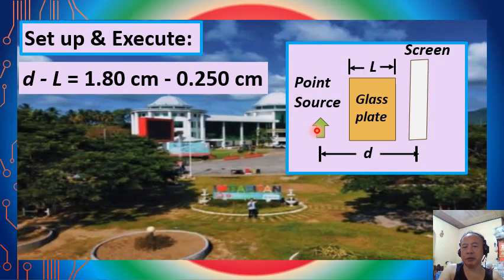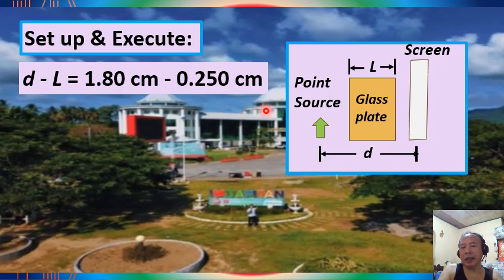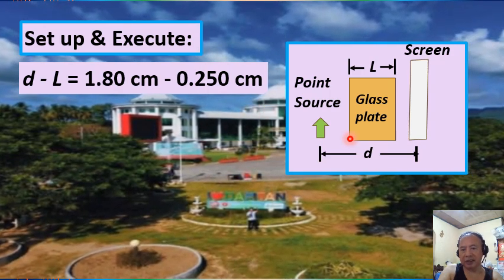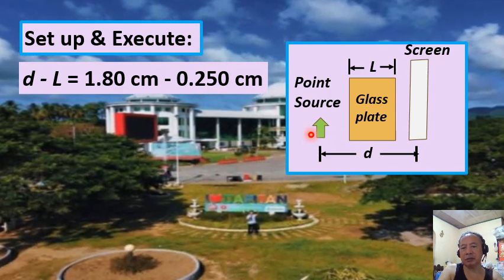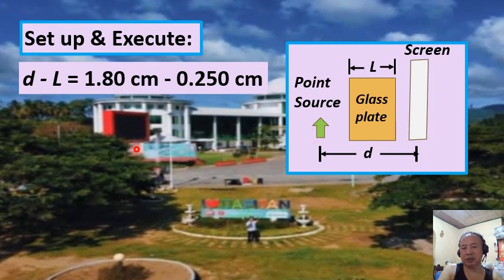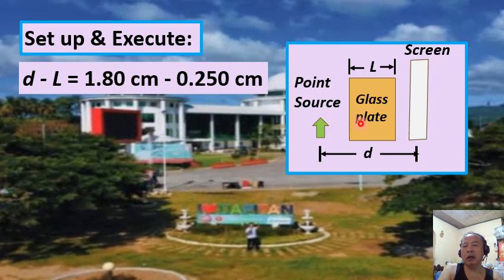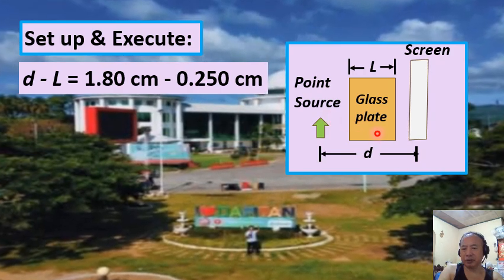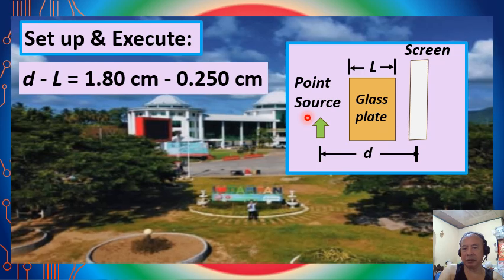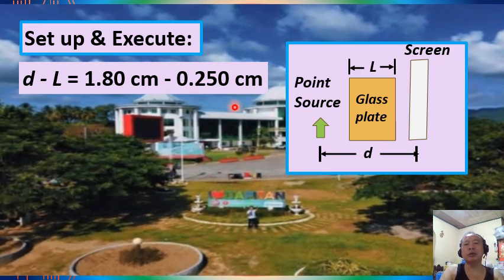We wish to find out that distance corresponds to how many wavelengths. And since the wavelength of the incident light is much greater than the wavelength of the light that enters or travels through the glass plate, all right?